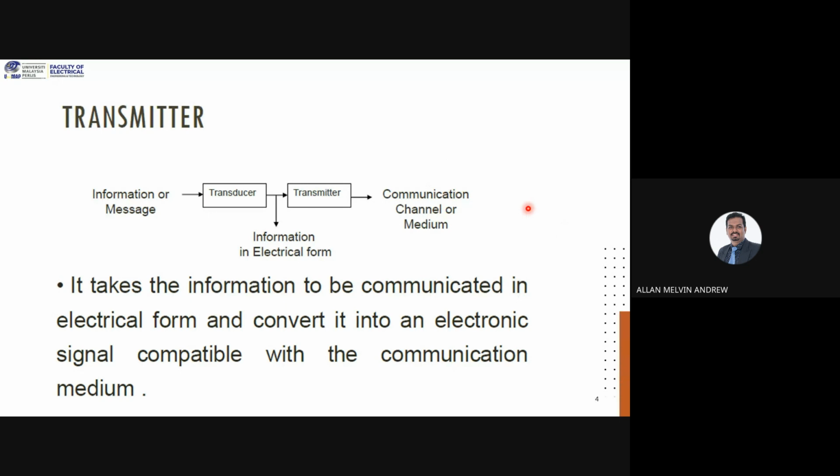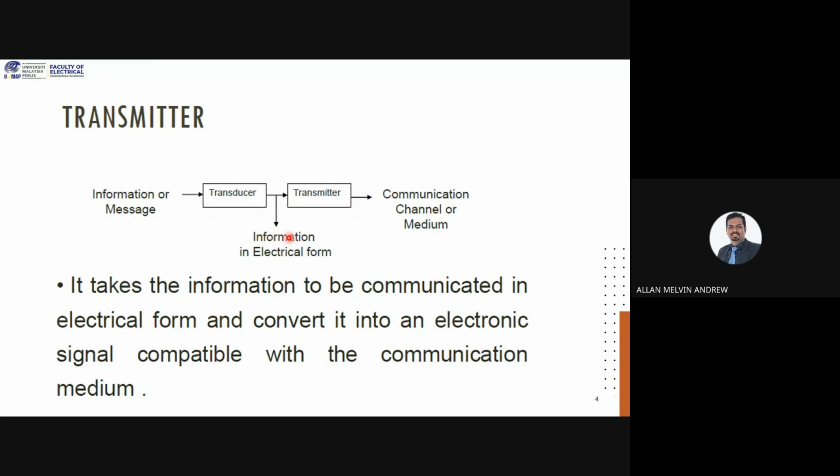It takes the information to be communicated in electrical form. So let's say the speech you are giving to the microphone, the microphone will receive it as an electrical signal, and it will convert it. With the microphone you'll have an electronic circuit, which will convert the electrical to an electronic signal compatible for the communication. So there will be a conversion happening in between the transducer and the transmitter.